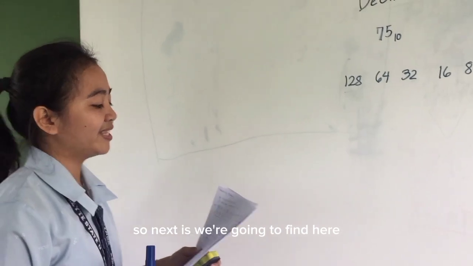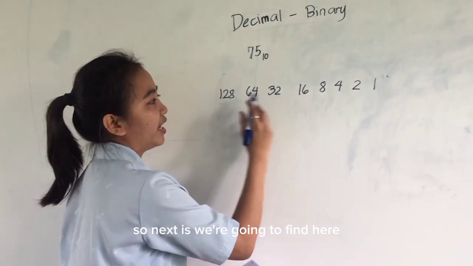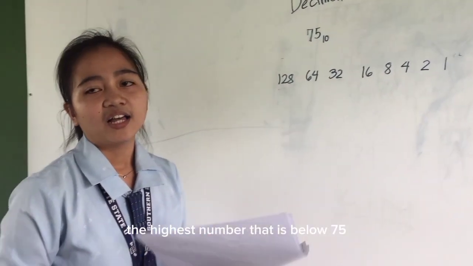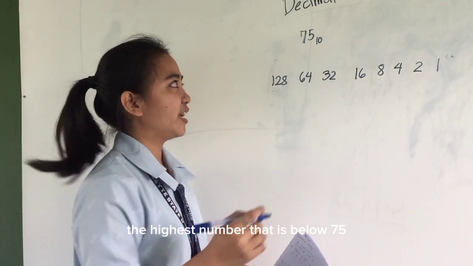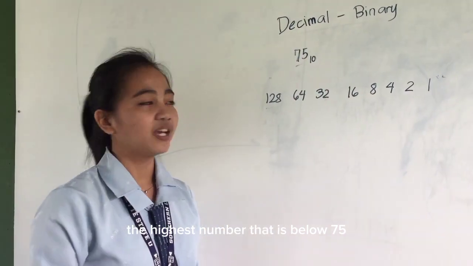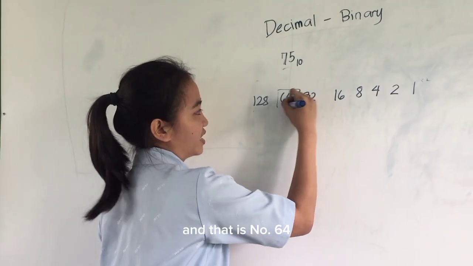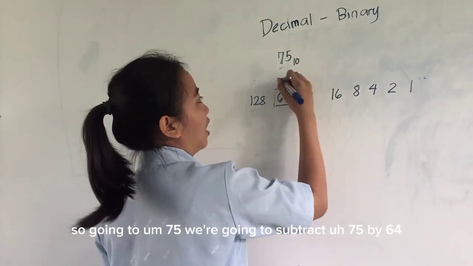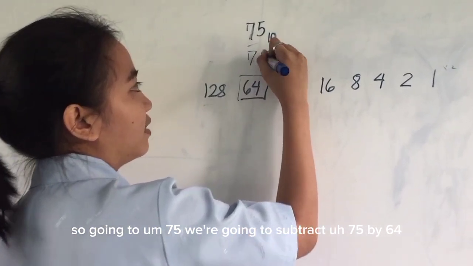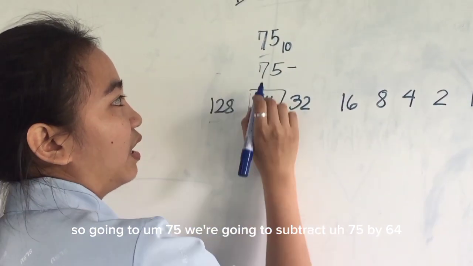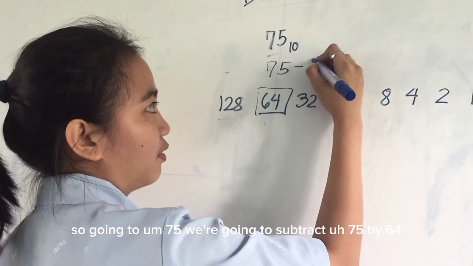So next, we're going to find the highest number that is below 75, and that is number 64. So we're going to subtract 75 by 64.